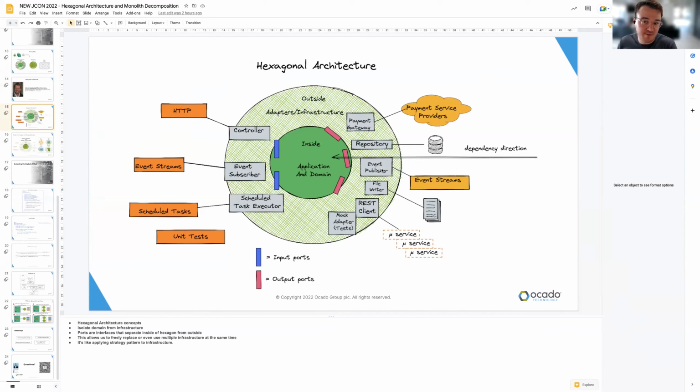Take the event handler and event publisher, for example, because your port will just be send event. Your domain wants to send an event. Will I send an event to SQS? Will I send an event to Kafka? Will I store this event in a database? Those are different adapters: one adapter for Kafka, one for the database, one for SQS.